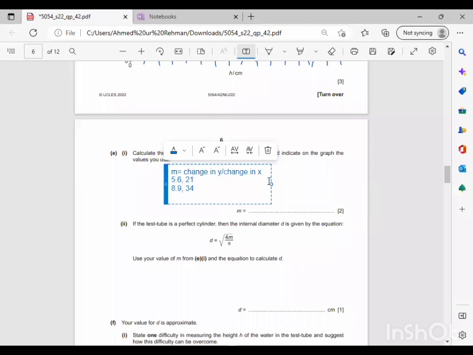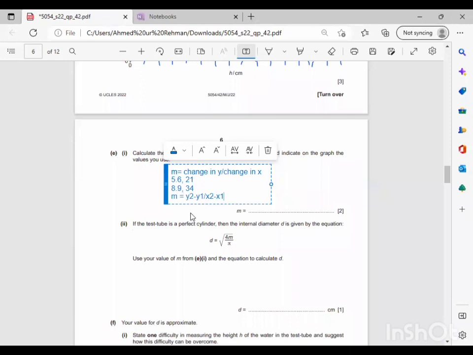So this one is x1 y1, and this one is x2 y2. The gradient formula is m equal to change in y, which means y2 minus y1, upon x2 minus x1.